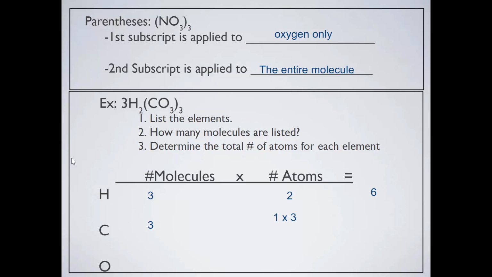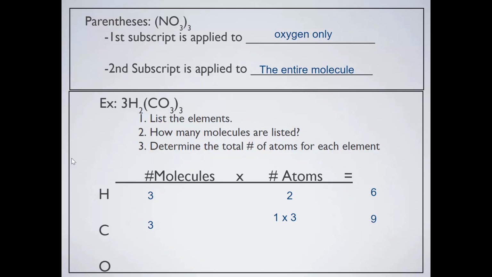Total number of atoms? 3 times 1 times 3. Why is it 1 times 3? There's a 1 inside the parentheses, but there's also this 3 outside the parentheses. So we multiply the coefficient times the subscript times the subscript.